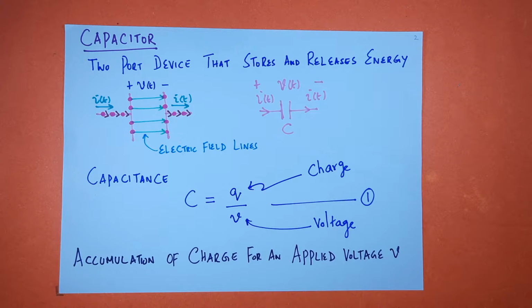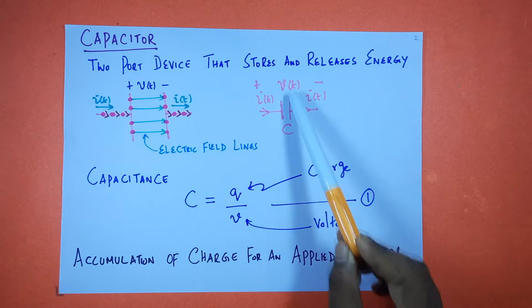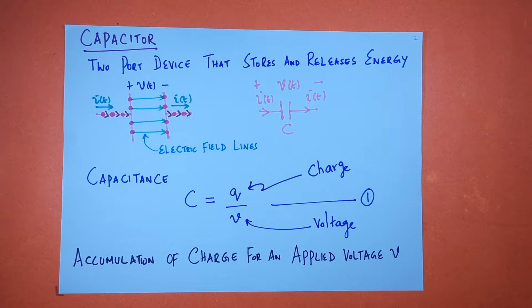So, a capacitor is nothing but a two-terminal device that stores and releases energy. This is the symbol for capacitor. C is the capacitance, V of t is the voltage across the capacitor, I of t is the current through the capacitor.